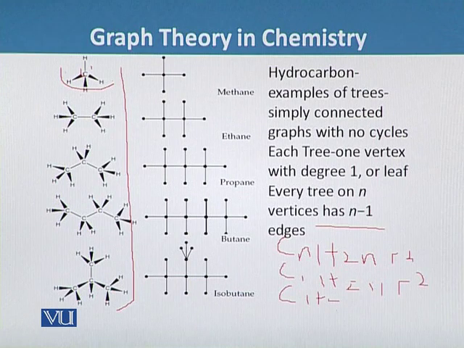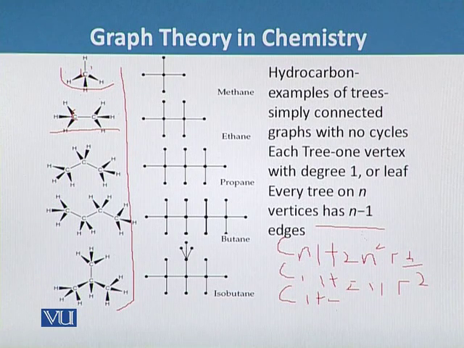Similarly, for butane, we can consider the C as 2 atoms, and then we put 2 into 2n and then plus 2, and it comes out to be 6 hydrogen atoms.